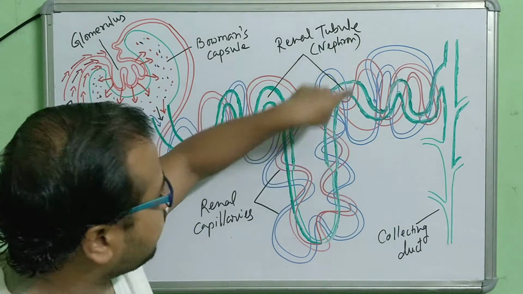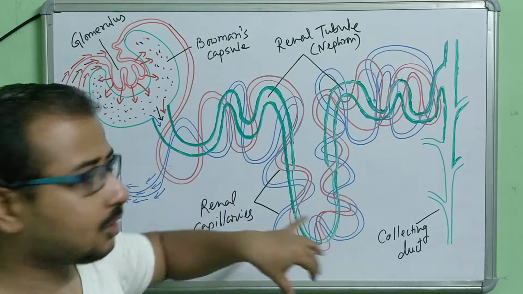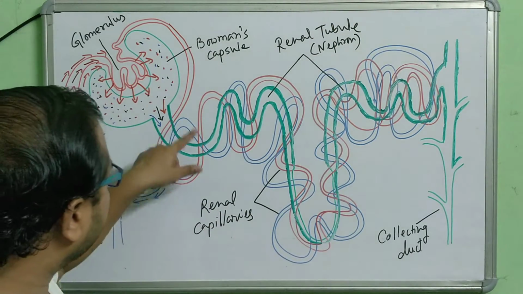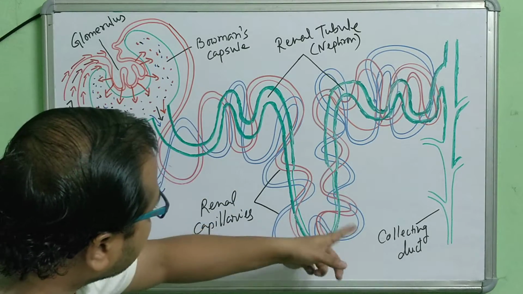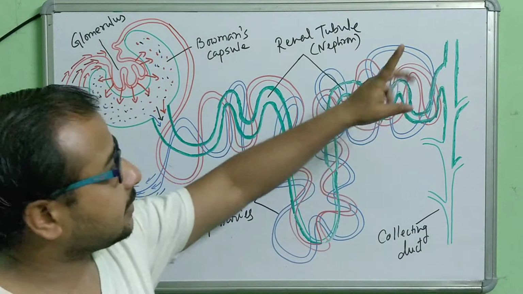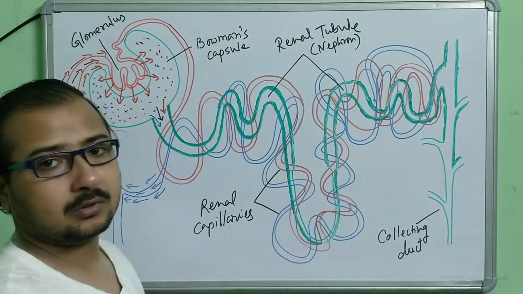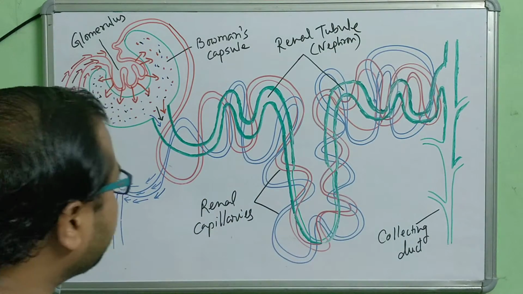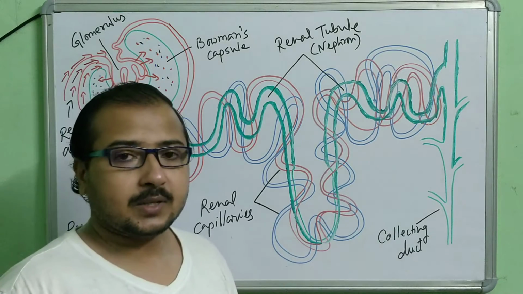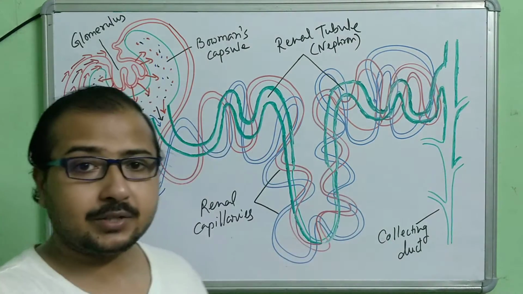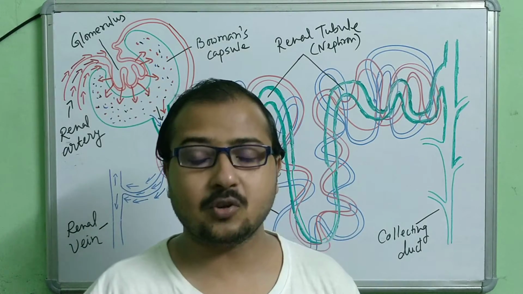Now while moving, look here, along with the renal artery, which is the red blood capillary, you can see it is entangled around the nephron. The renal vein, the blue capillary you can see, also is entangled around the whole nephron. Now as the wastes move through this, the nutrients also move, and excess water also moves.